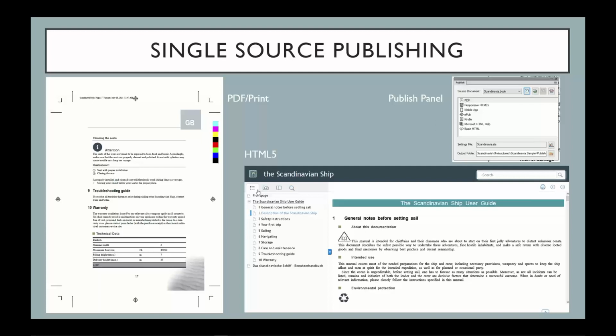A publish panel it's called, and from that publish panel you can publish to PDF and responsive HTML5, mobile apps, EPUB, Kindle, etc., Microsoft HTML help. It's relatively easy if you understand HTML and CSS and understand how e-publications work. Otherwise, it can be a bit of a hassle.